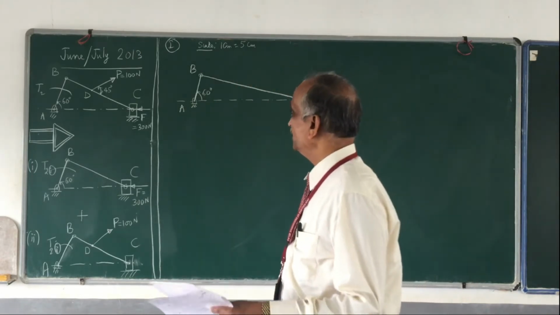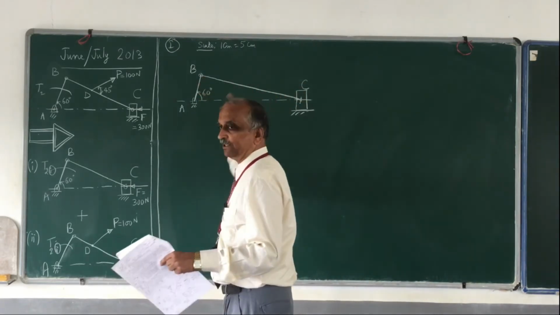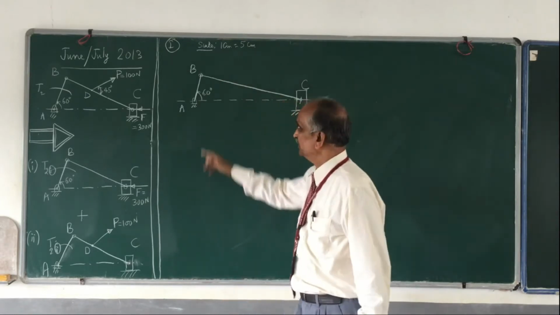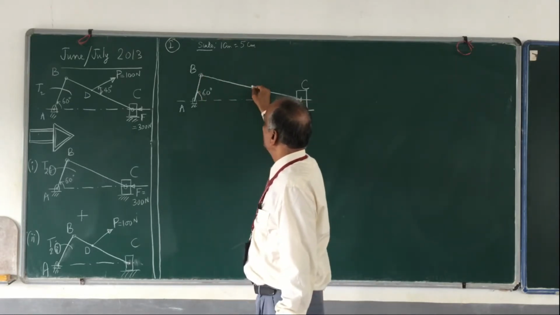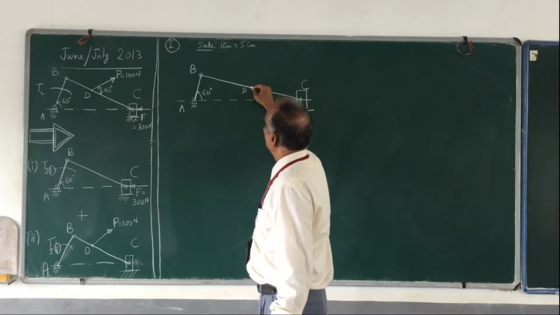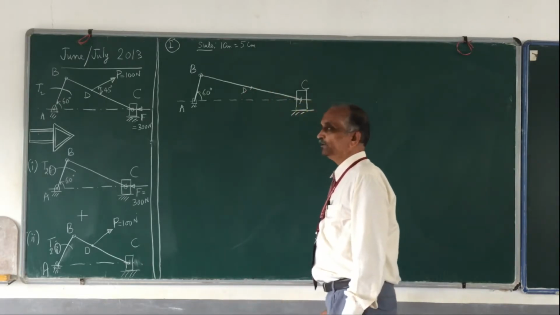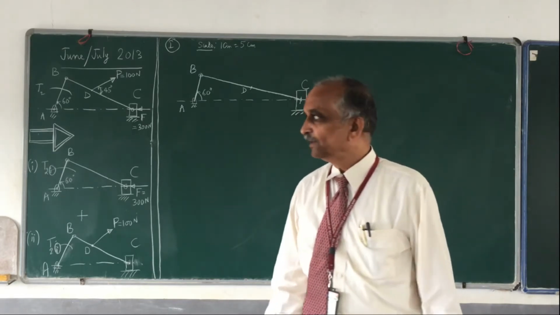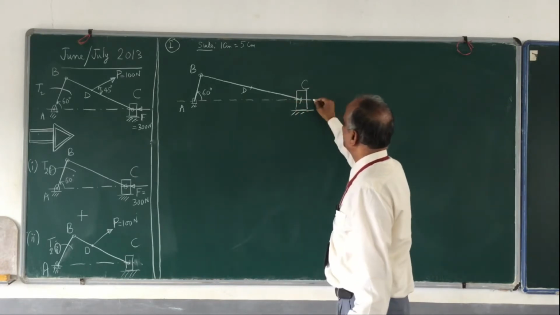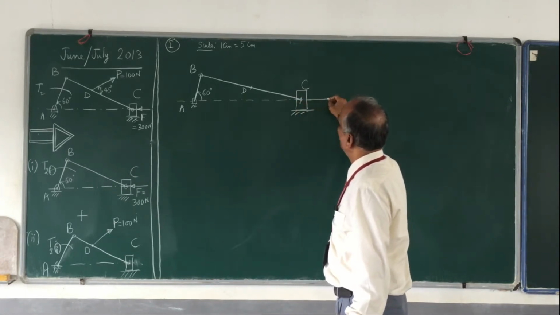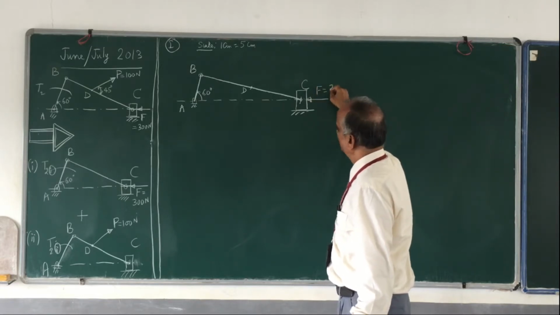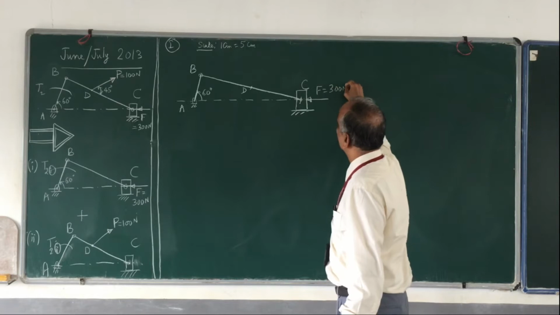Then you mark point D. BD is 25, and according to scale, 25 divided by 5 is 5 centimeters. From B you measure 5 centimeters, and probably this is the point D. This is where you have the force P. Then represent the forces. On link number 4, the piston, you have the force F, which is equal to 300 Newton.